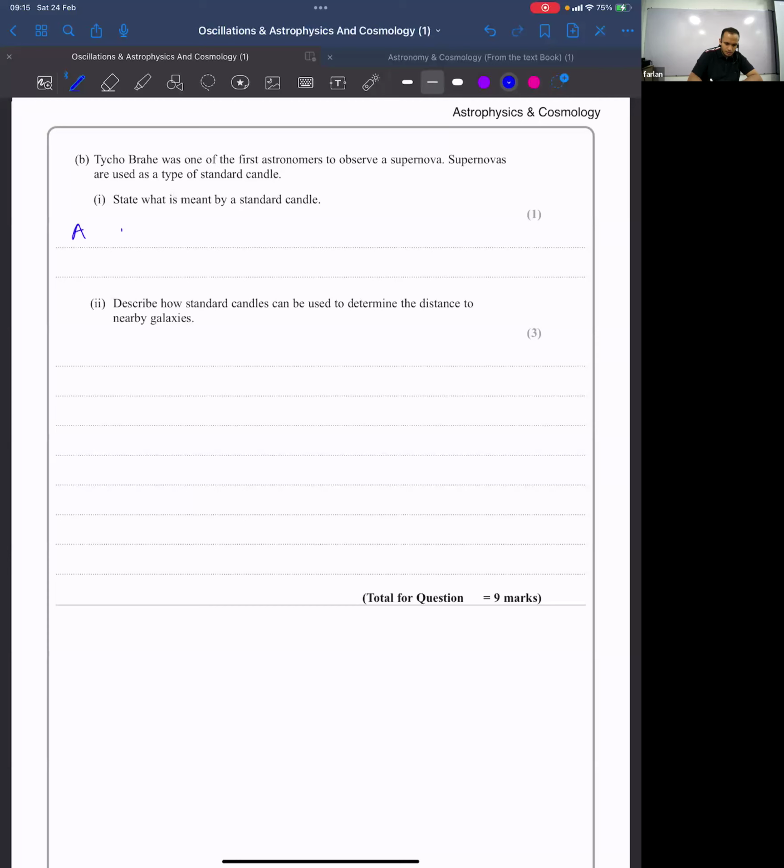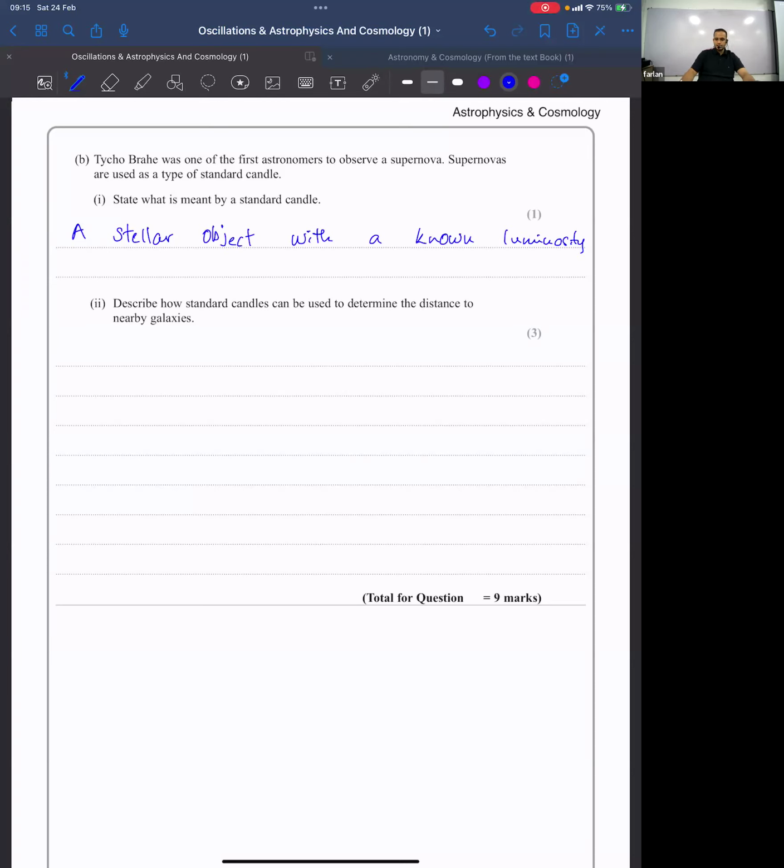That is what you call a standard candle. You know its luminosity.